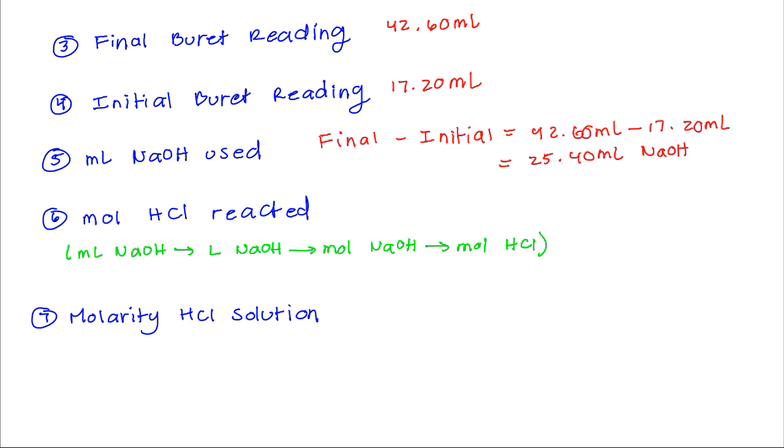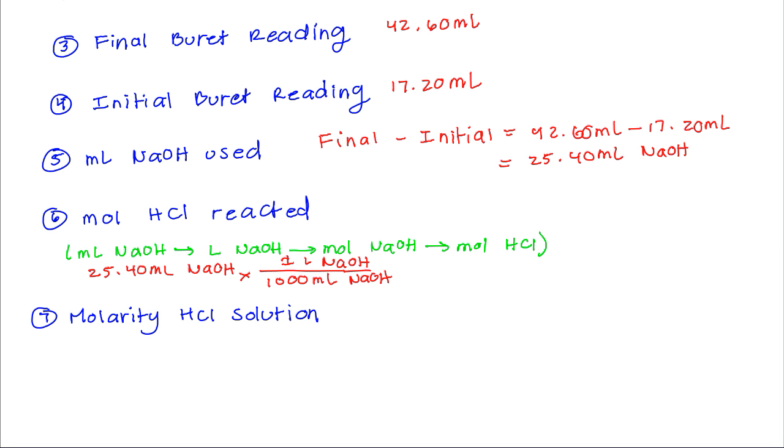So if we start with 25.40 milliliters, make sure we label it as sodium hydroxide so we don't get it confused. Then we need to convert to liters first. We know that for every liter there are 1,000 milliliters. And again, we want to make sure we label this as sodium hydroxide per 1 liter of sodium hydroxide.